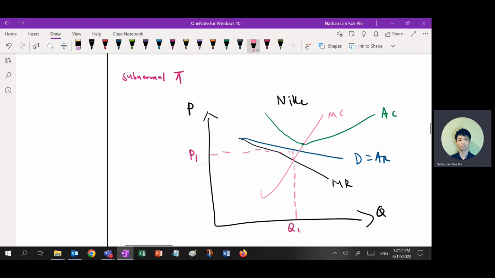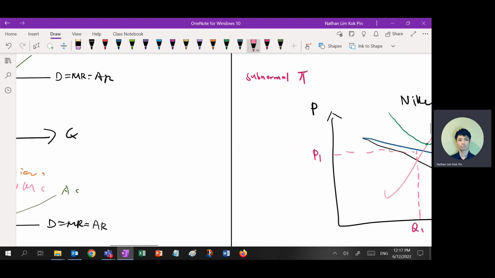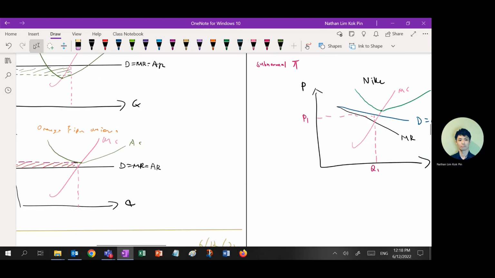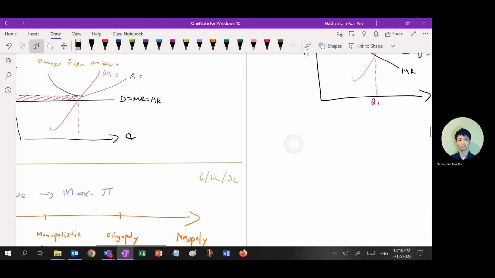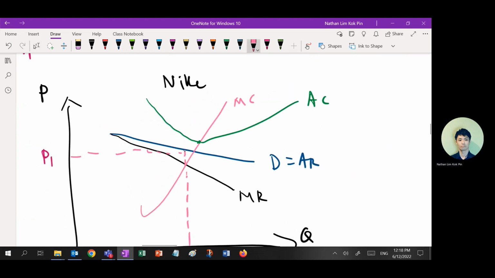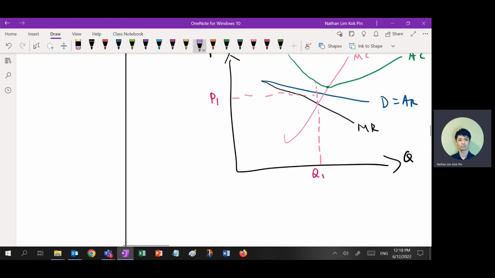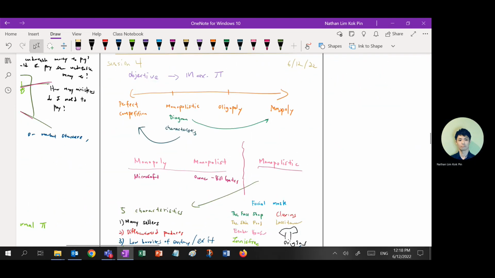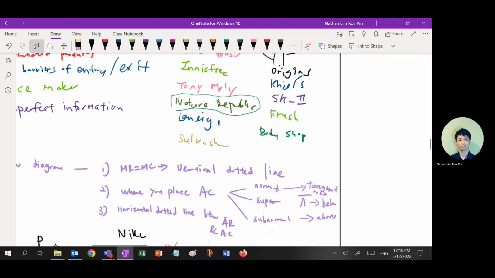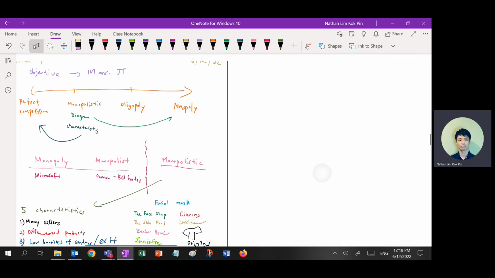I just went through it like 20 minutes ago. You see what I do? Extend the dotted line, then draw another horizontal. Horizontal dotted line, where should I draw? One is at the AR there. Another one? AC. AC horizontal dotted line.